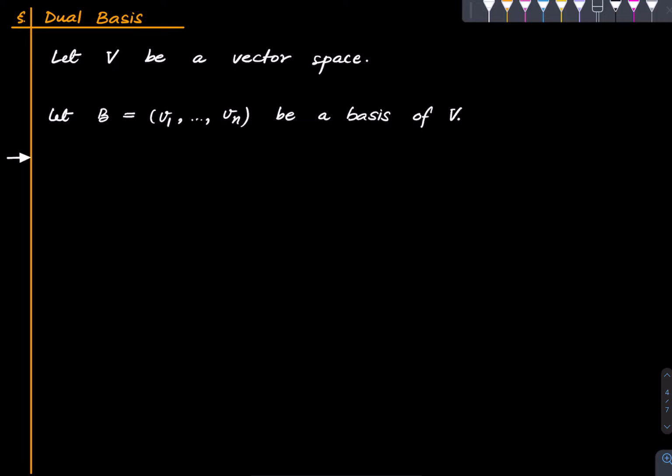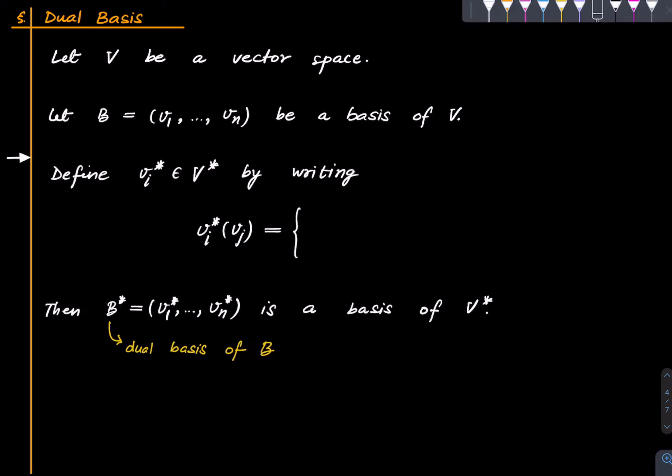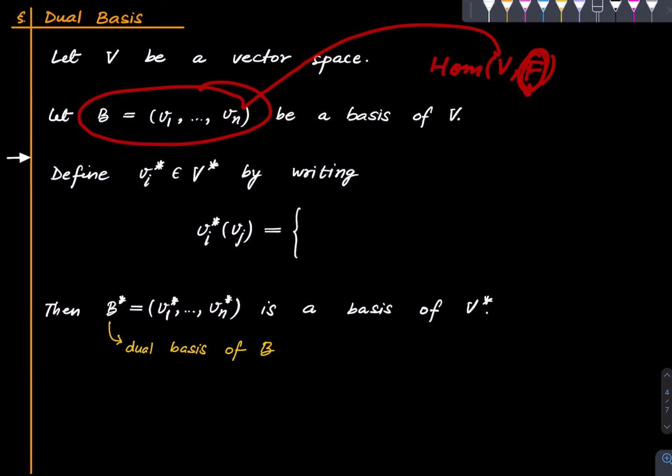Now, given a basis of the vector space V, we can come up with a basis of the dual space. That is something that we saw in the recall, because after all, what is the dual space? It is Hom(V, F). There is a very natural basis for this, namely the set which contains the identity of the field.